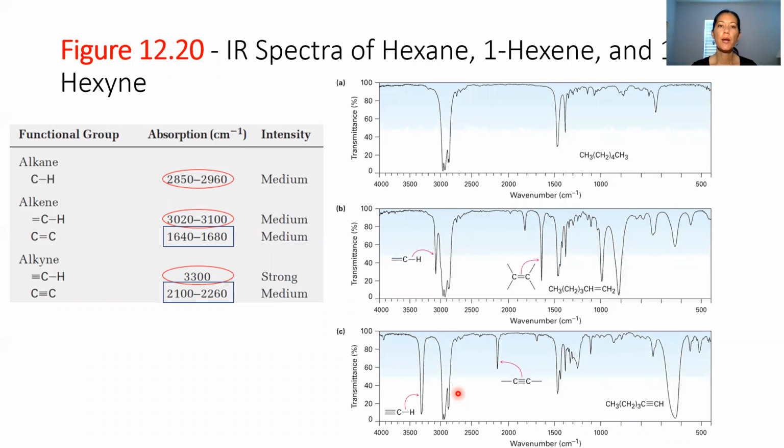Let's first break down the hydrocarbons: alkane, alkene, and alkyne. Let's do this visually. Here's an alkane, hexane. You see these C-Hs. So this is a region where you have C-Hs. This sort of C-H, or C double bonded, sp2 C-H, or sp C-H.